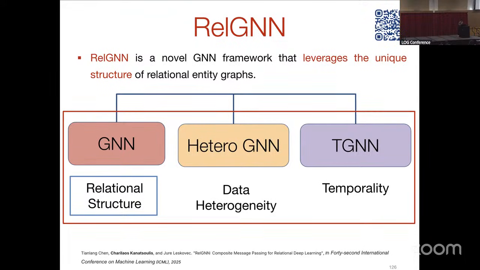RelGNN is an improved GNN architecture that leverages the unique structure present in relational entity graphs, and this answers some of the questions we were discussing earlier regarding many-to-many relationships.